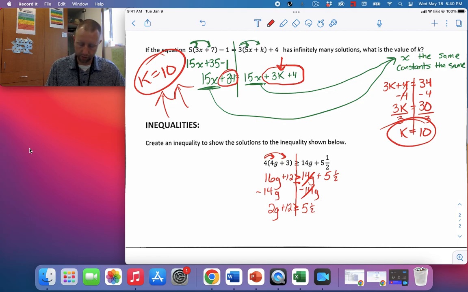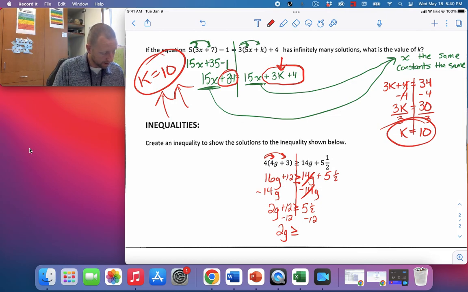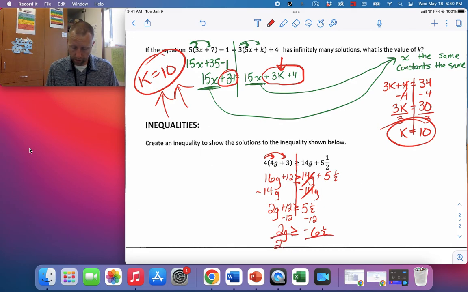Next, I'm going to subtract 12 from both sides. That'll give me 2g is greater than or equal to 5.5 minus 12, negative 6.5. And my last step is divide both sides by 2. When I divide by 2, I'm not dividing by a negative. I divided by a positive 2. So my inequality symbol will not change. It's still going to be a greater than or equal to symbol.